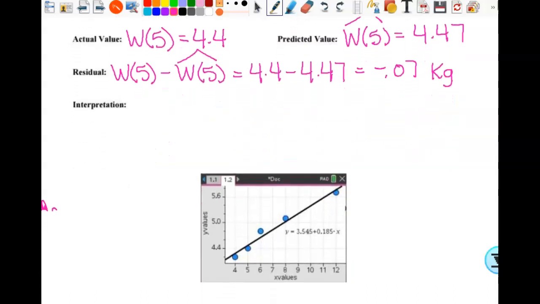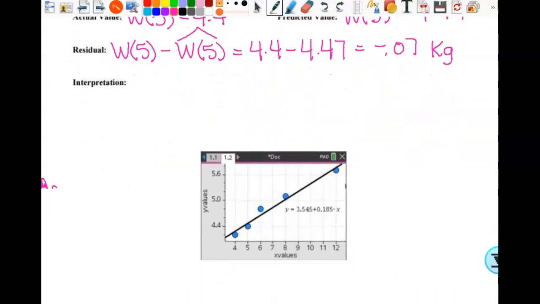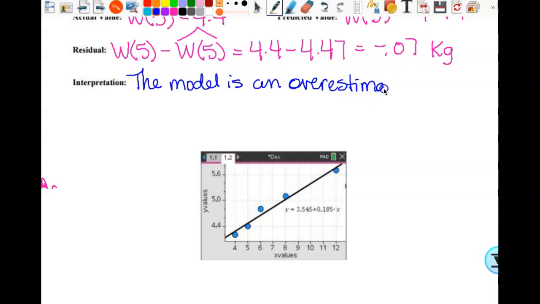Overestimate. So now we know if we have a negative residual, it's an overestimate. So then we can answer this and say, the model is an overestimate of actual values.